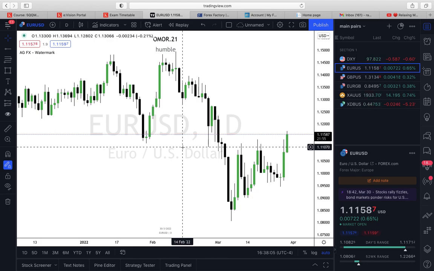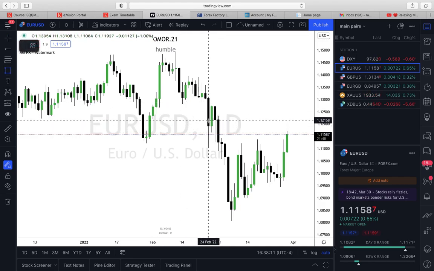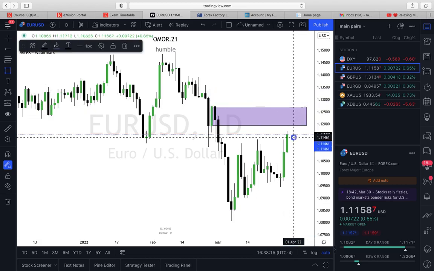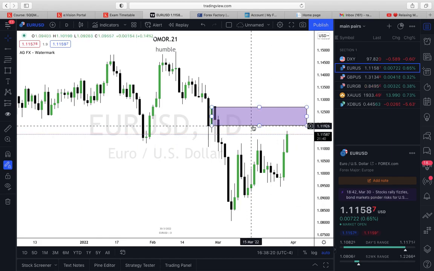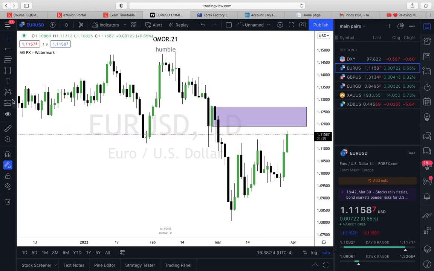All these breaker blocks, mitigation blocks, order blocks, they all exist. However, the order blocks, like for example this candle, on the higher time frames, they're not entry techniques because there's no way you're entering on a daily. Can you imagine entering on a daily?